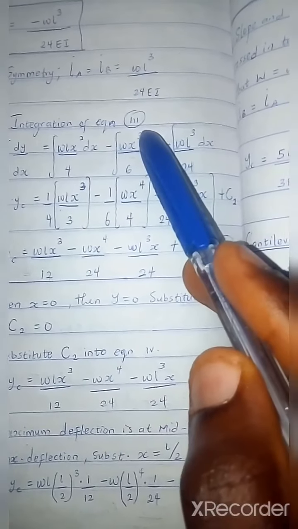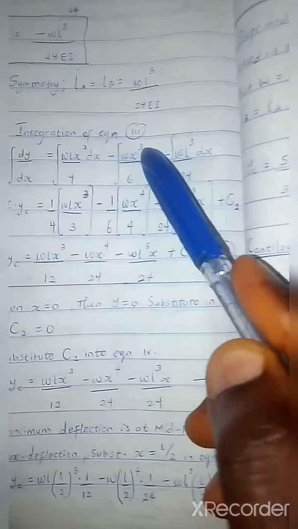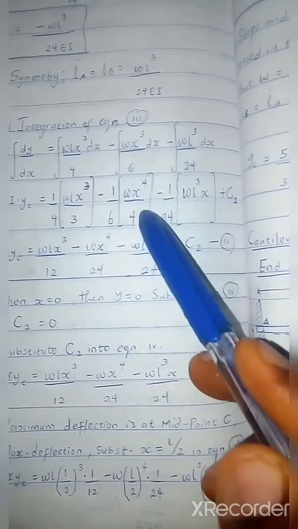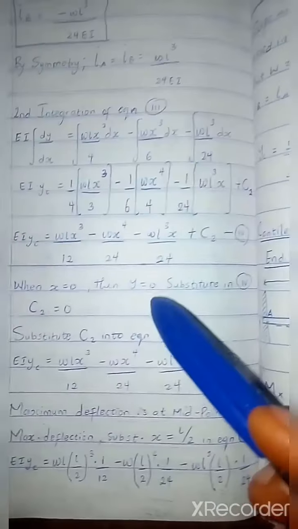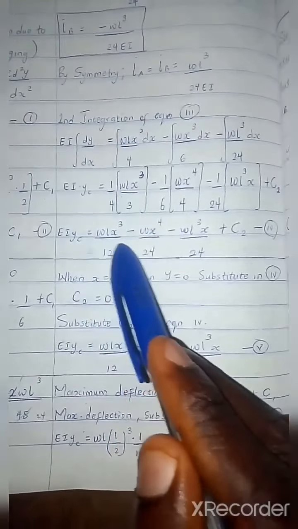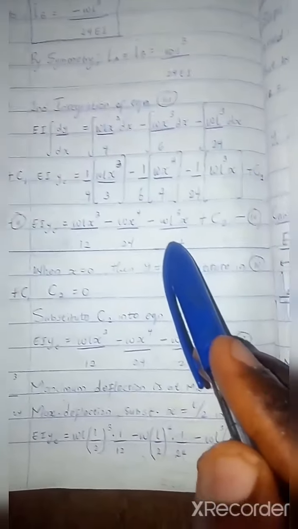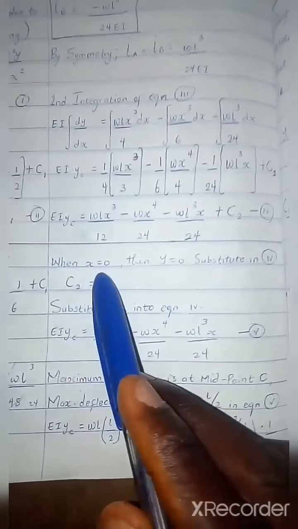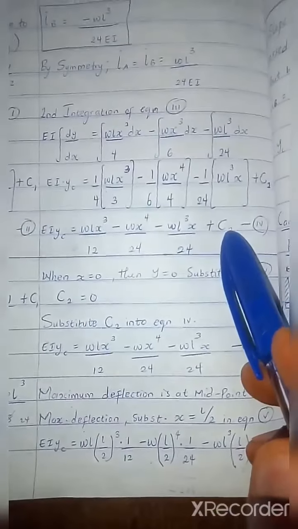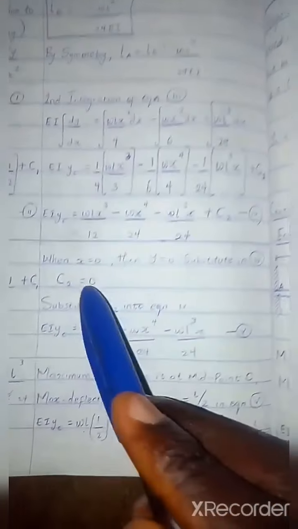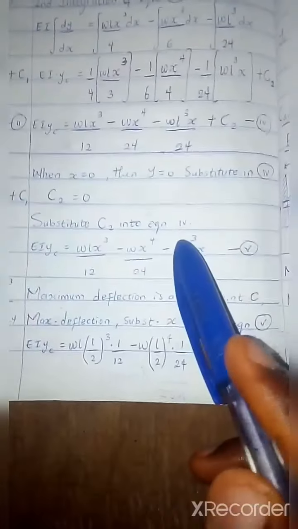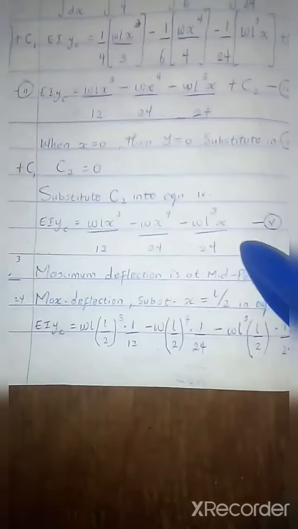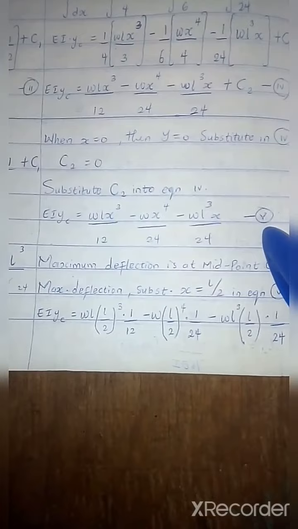Then you resolve it to be this, and we get equation 4. We want to eliminate the value of C2. So when x is 0, y is 0, so C2 will be 0. When you substitute, C2 is gone, so we get equation 5.